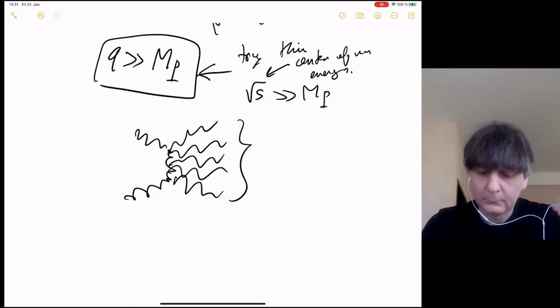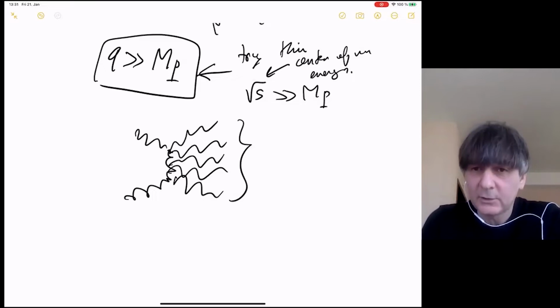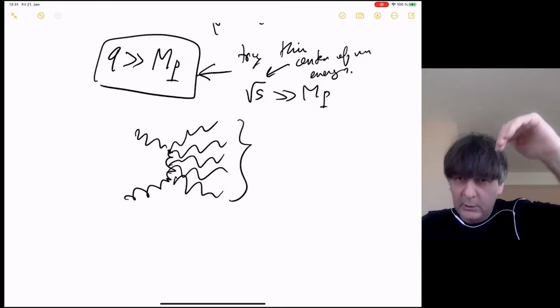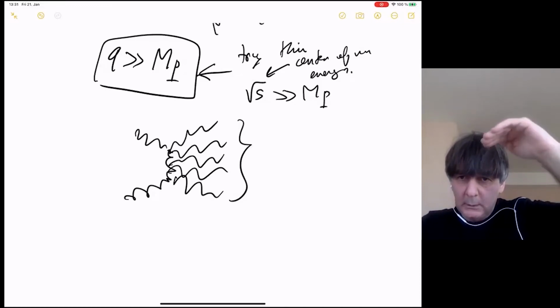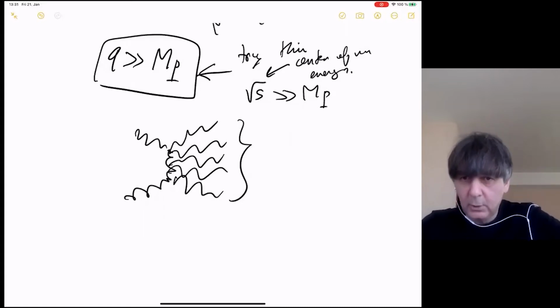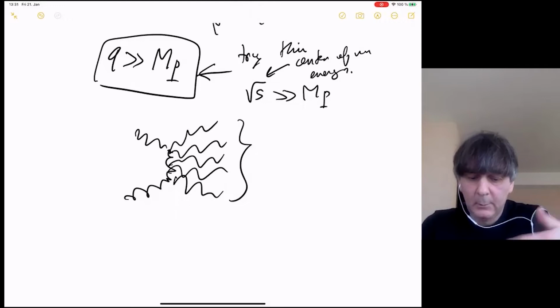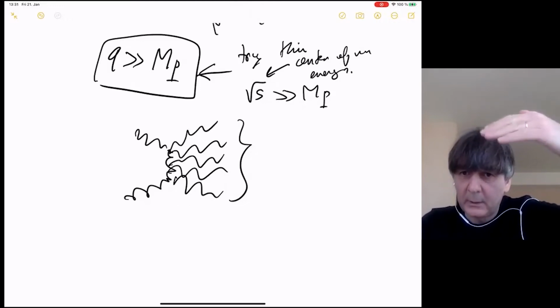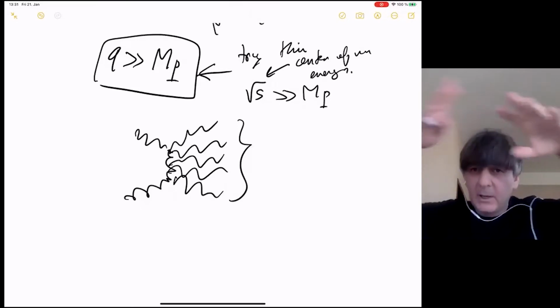So there are indications that the maximal momentum transfer that we can have in gravity is the Planck mass in pure Einstein gravity. If the cutoff is lower, consequently this scale can be lowered. In pure Einstein gravity, the maximum we can do is Planckian momentum transfer, and above that things become softer.